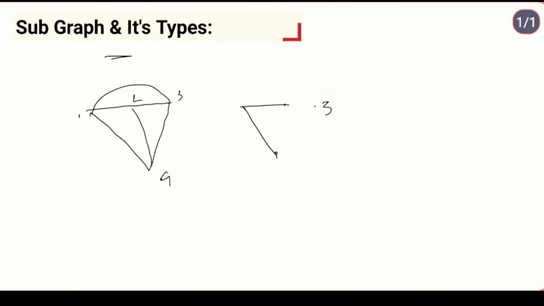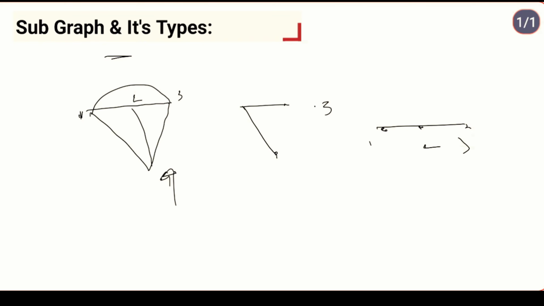So the number of branches or nodes in a subgraph will always be less than the original graph. The number of nodes here is 4, but in a subgraph it should be 2 or 3. Nodes 1, 2, 3 is also a subgraph.